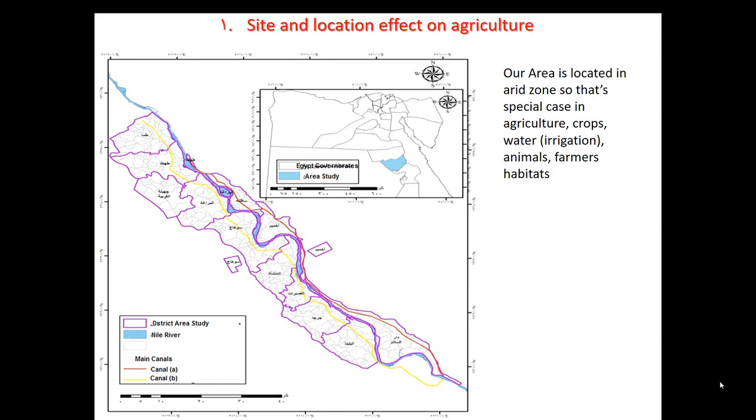Farming activities mainly depend on flood irrigation by a canal network from the Naga Hamadi canals in Sohag, canals A and B, from south to north, with pumping and the slope of the surface.